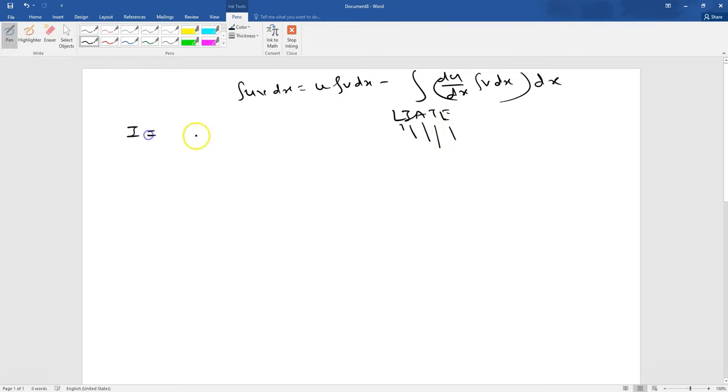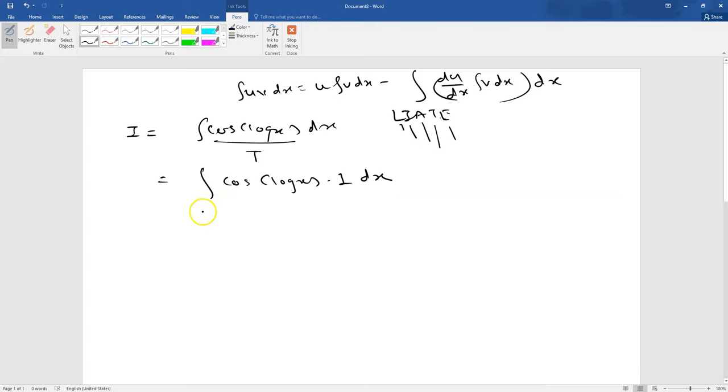Now let's see here. I is equal to what they have given, cos of log of x dx. Now cos of log of x is going to be a trigonometric function. Right? Let's take it as cos of log of x into 1 dx.